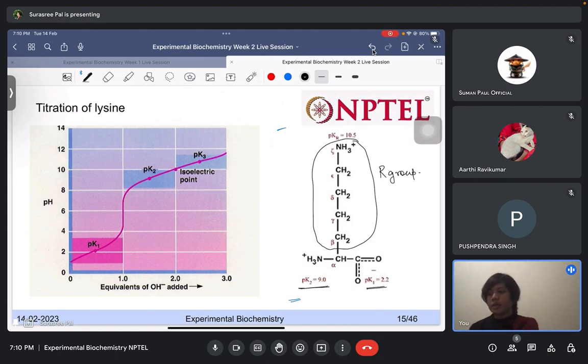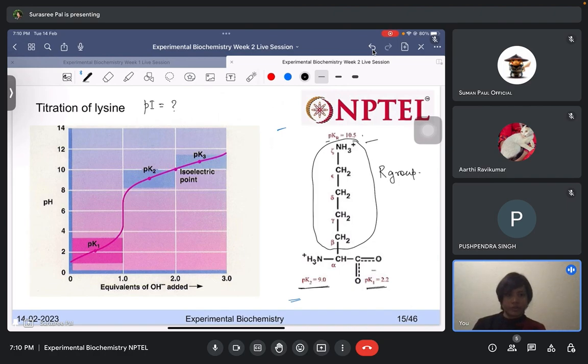And next we have the pK for the R group, which is pKr, which is 10.5. All right, and the titration curve of lysine is also given. Now can you calculate the pI of lysine from this information?